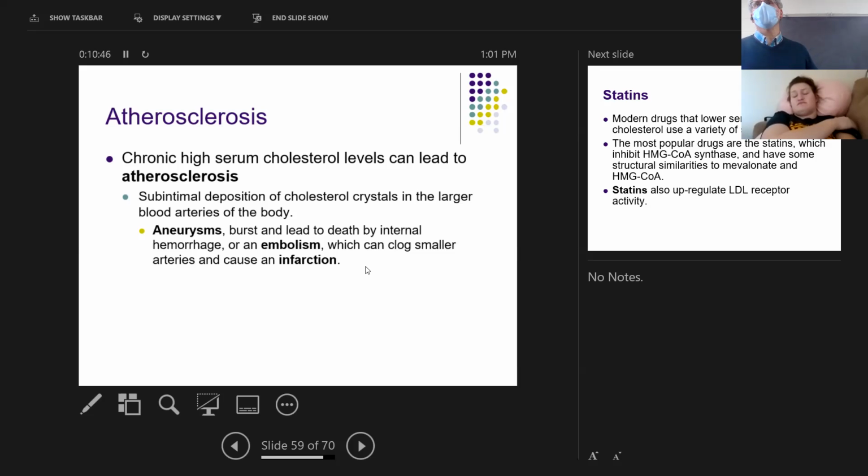If it gets stuck in the coronary arteries, it can cause a heart attack, myocardial infarction. If it gets caught in the vessels in the brain, it causes a transient ischemic attack, otherwise known as a stroke. And if it clogs smaller arteries, it'll cause an infarction, which can lead to tissue ischemia and potentially end organ damage.